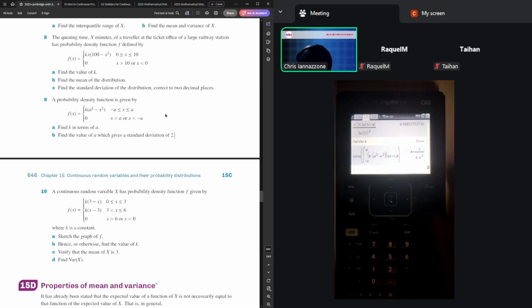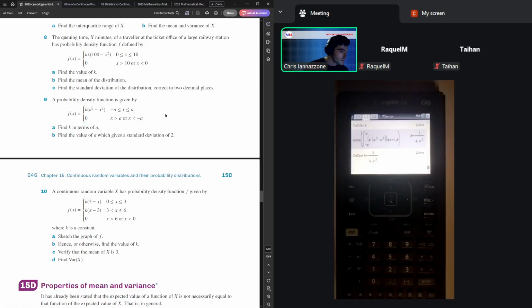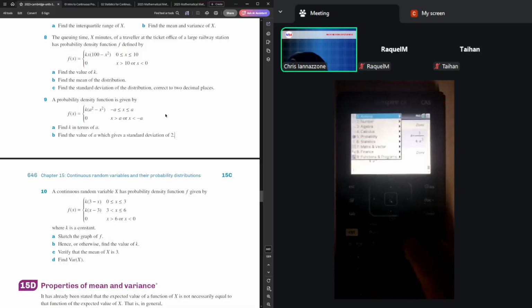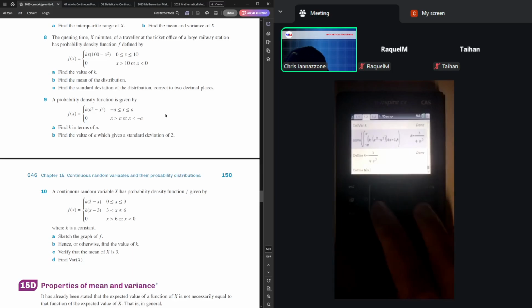And there we go, that's our k in terms of a. Now find the value of a which gives a standard deviation of 2. That's another story.